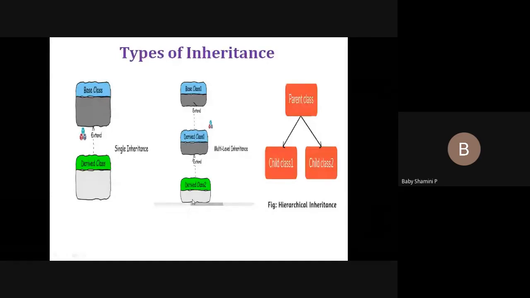Derived class 2 contains its own properties and also inherits properties from derived class 1. Derived class 1 already contains its own properties and its parent's properties, isn't it? So derived class 2 contains properties of derived class 2, derived class 1 and the base class, because the base class property is inherited to derived class 1.